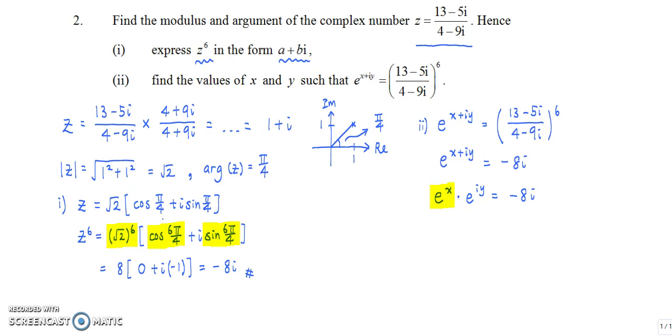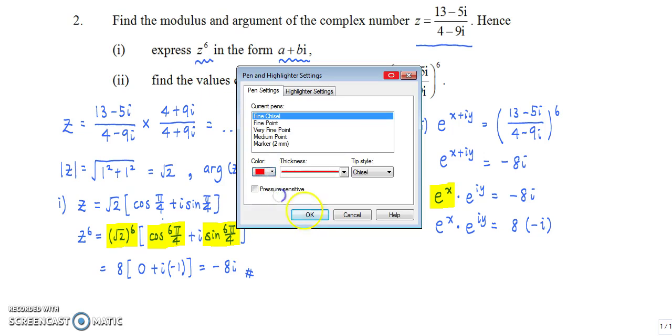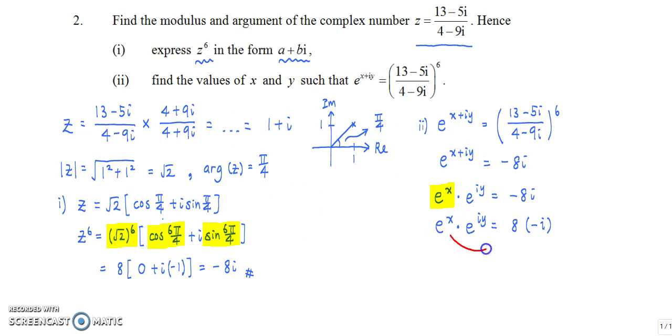So to compare the terms on the left and on the right, e to the power x should compare with 8, and e to the power iy should compare with negative i.